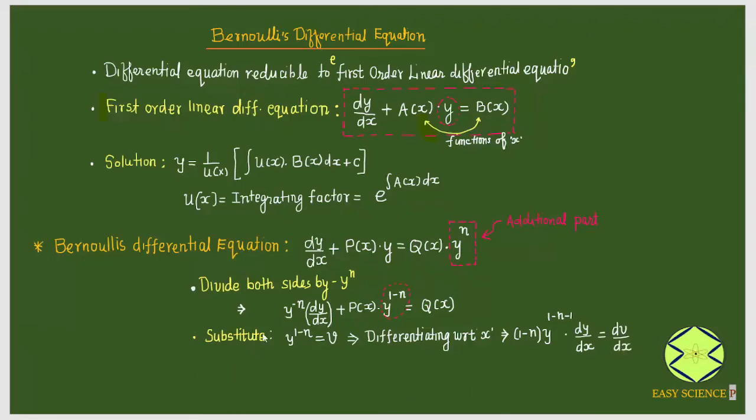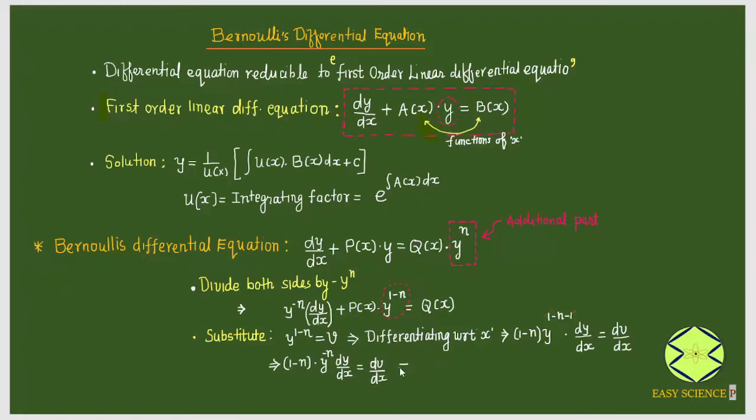So further, if you simplify, that will give you an interesting result, which is 1 minus n as it is, and here you can cancel minus 1 and plus 1, so you'll get 1 minus n times y raised to minus n, dy over dx equals dv over dx.